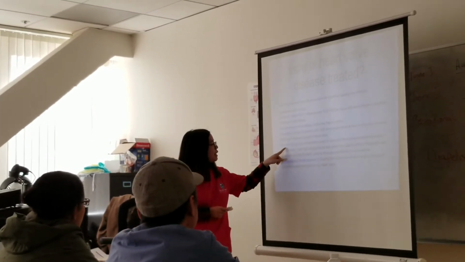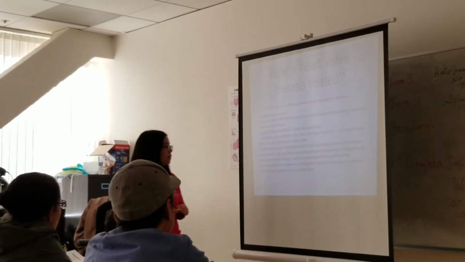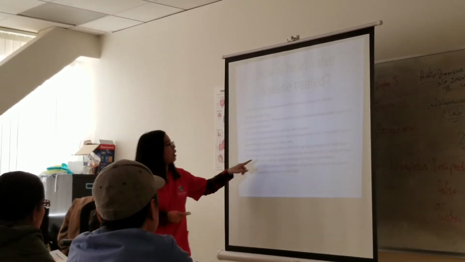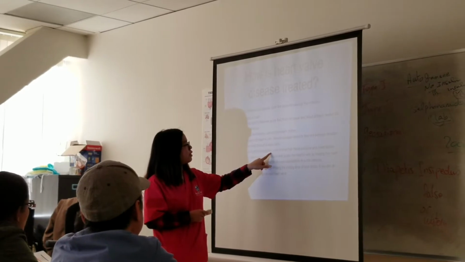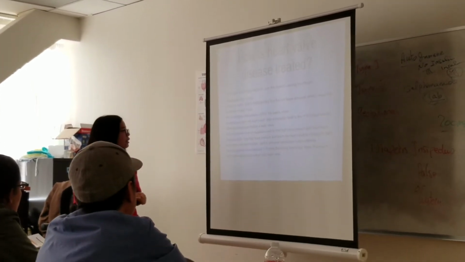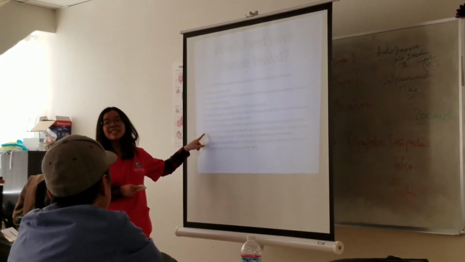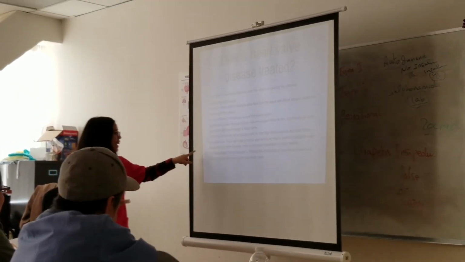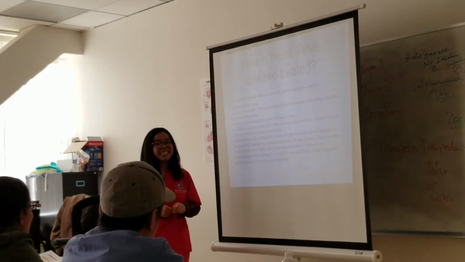Next one is ACE inhibitor, right? It's a type of vasodilator used to treat high blood pressure and heart failure. And this one, Jasmine, you need this one, huh? What is it? Beta blocker. Oh, yeah.